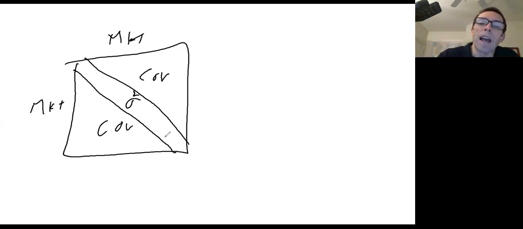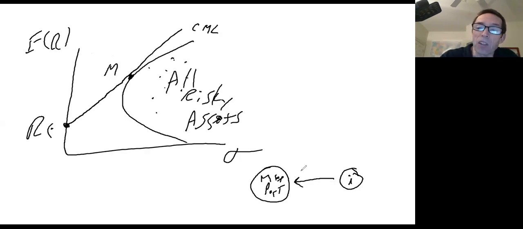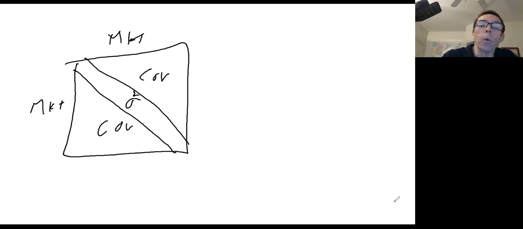So what happens now as I add asset I to my market portfolio? We are adding one more column to the matrix, and we are adding one more row.